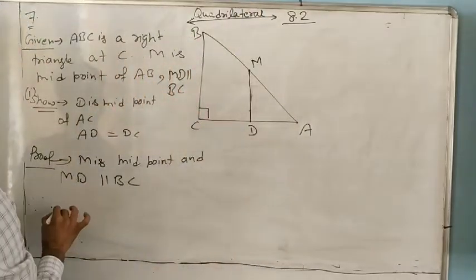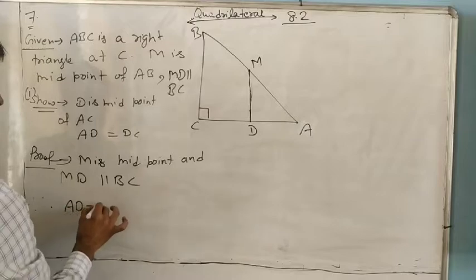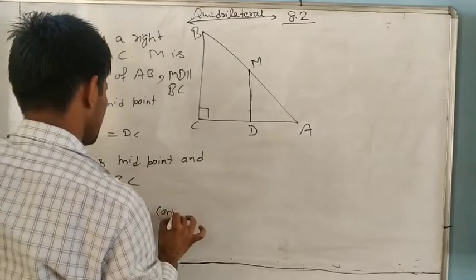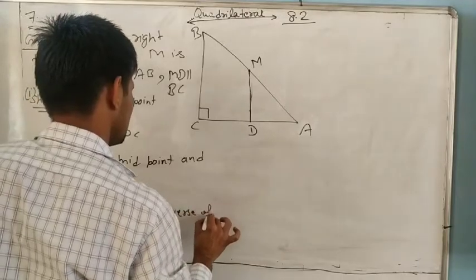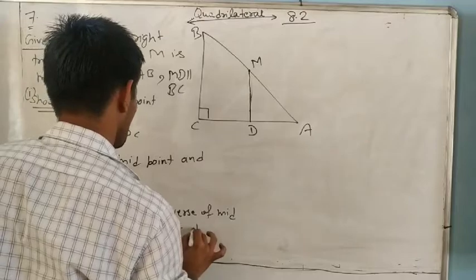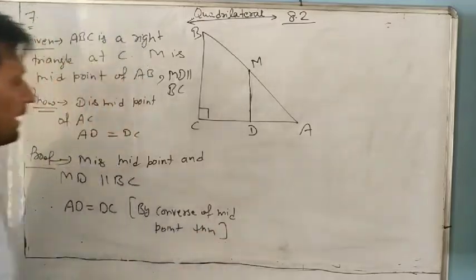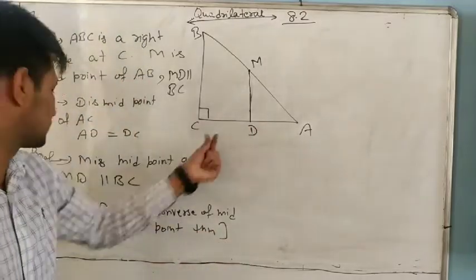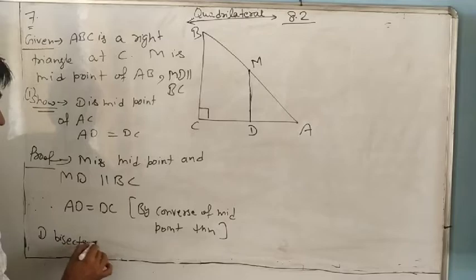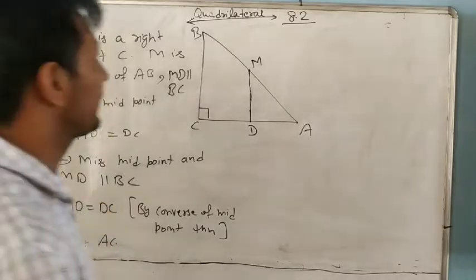So therefore AD equals DC by the converse of the midpoint theorem. And if AD equals CD, it means D bisects AC. This one we wanted to prove.